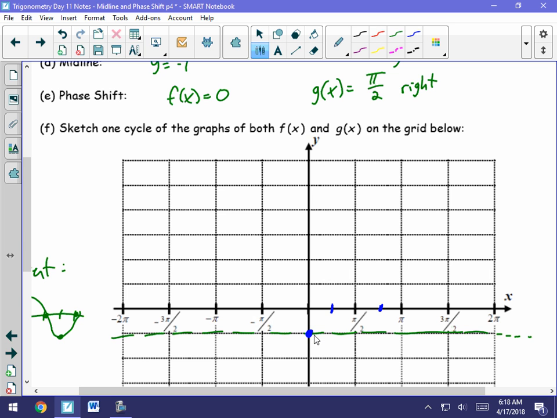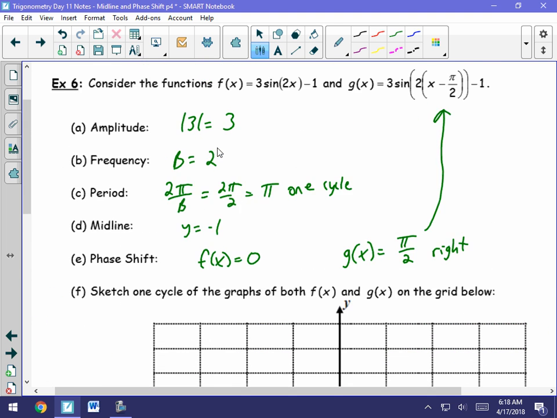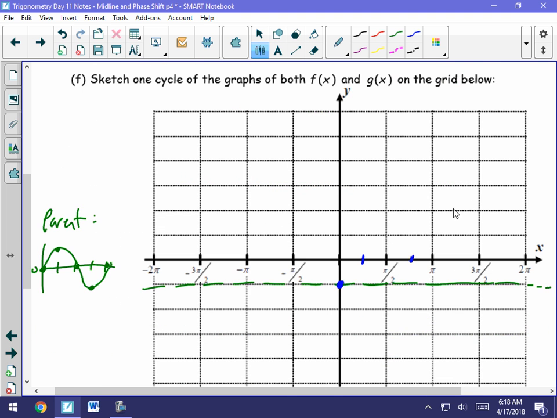Okay, so sine starts at the midline, right? Then it goes above the midline, and this one has an amplitude of 3. So the next point in the sine graph would be 3 above the midline. So 1, 2, 3, that would be there. Okay, then I go back to the midline. Then I go 3 below the midline.